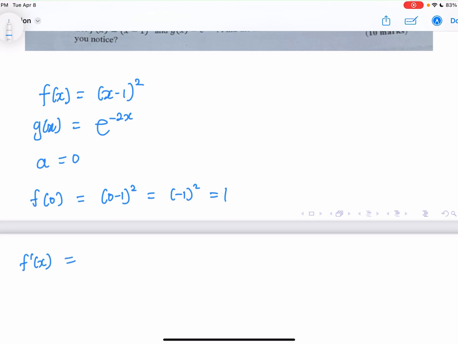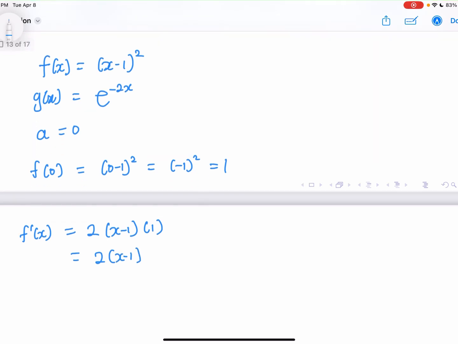So we are going to have 2 times (x minus 1) multiplying 1, so that will be 2(x minus 1). Now we find the function value at 0 because a is 0, so you're going to have 2 times (0 minus 1), and that's minus 2.